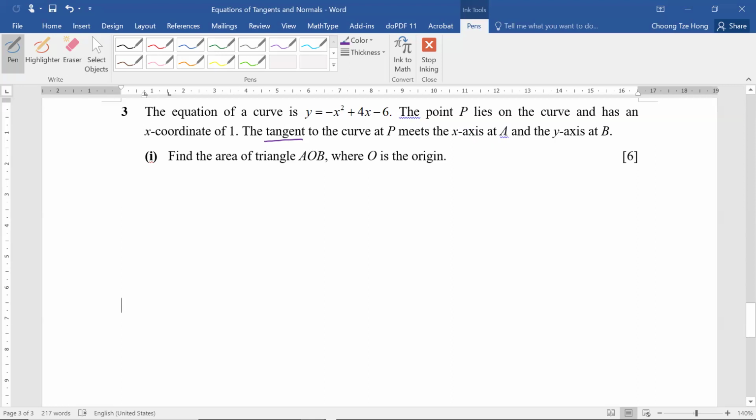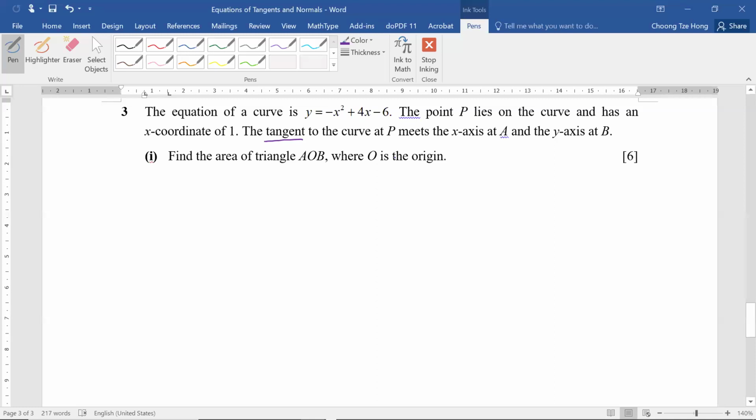Then we will know the coordinates of A. Likewise, B is on the y-axis, so we will sub x equals 0 into the equation of the tangent, and then we will be able to find the y coordinate of B. Once we know the coordinates of A and B, there should be no problem finding the area of the triangle AOB. O is the origin, that means O is 0, 0.